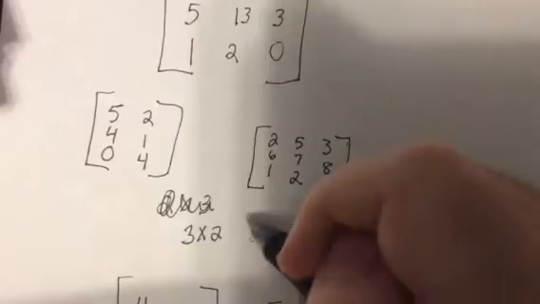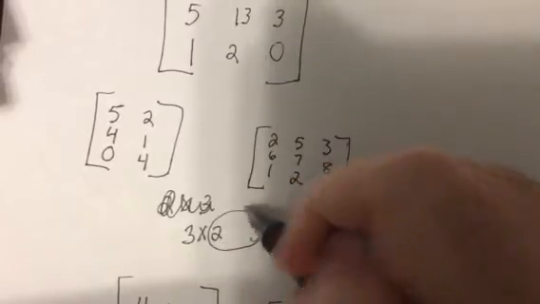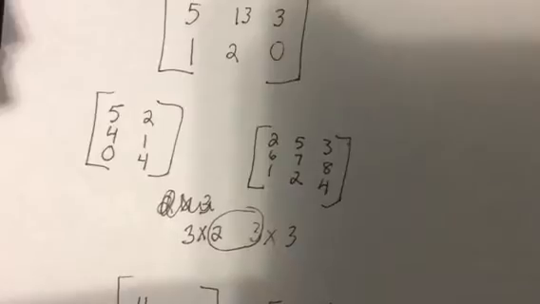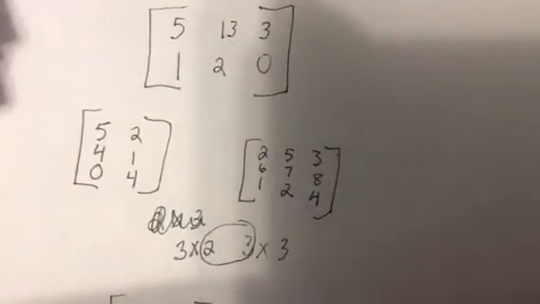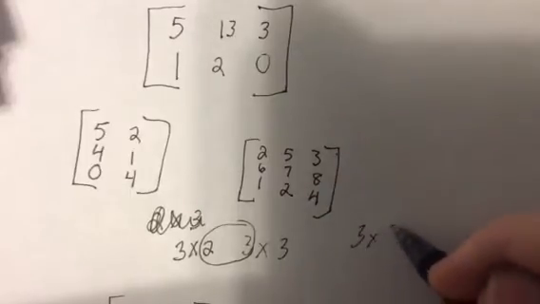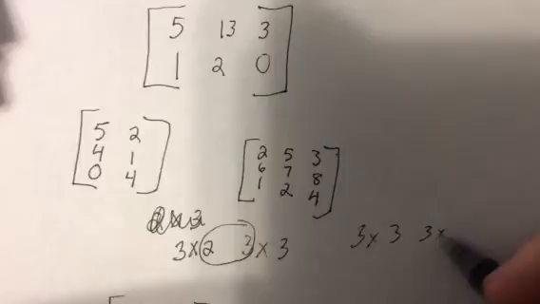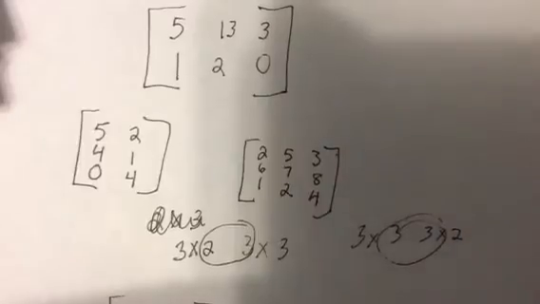The only time you can multiply is when the inner two numbers are the same. Now notice, if I put this over here, you could multiply them because that would be a 3 by 3 times a 3 by 2. Same numbers, you can do it.